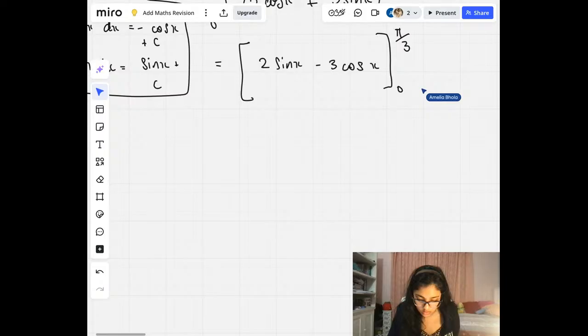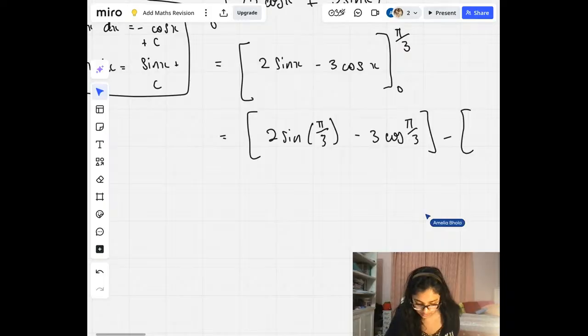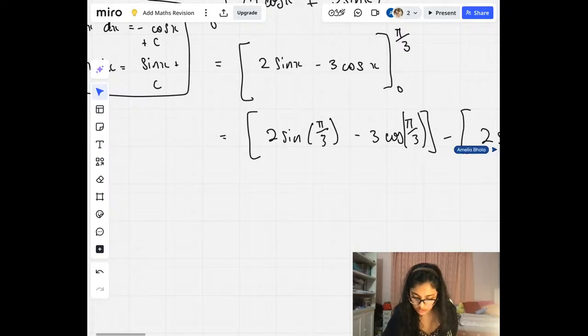Okay. So now I'm going to plug in my values. 3 cosine... Two sine 0, take away 3 cosine 0.